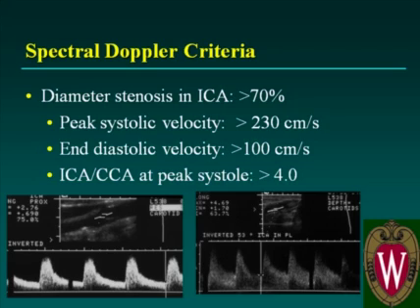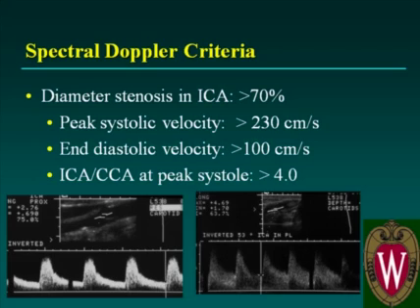It is interesting to note that though you may not have the criteria immediately in front of you, you can make a general estimate of degree of stenosis, remembering that a peak systolic velocity less than 125 is insignificant, but if you double that factor to, let's say, around 250, 230, then you're in the area of critical stenosis.